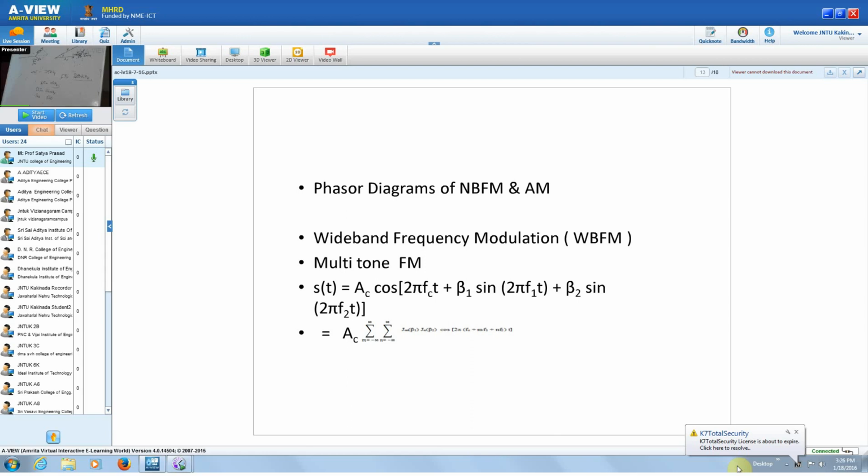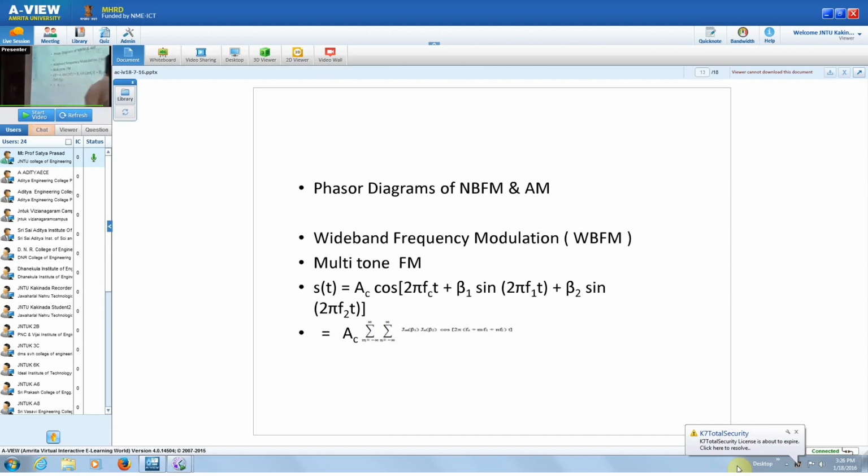Therefore, when you expand it, it is AC cos J and beta 1 and beta 2, the product, the cos of 2 pi Fc plus MF1 plus NF2. Cross products also are going to be there.